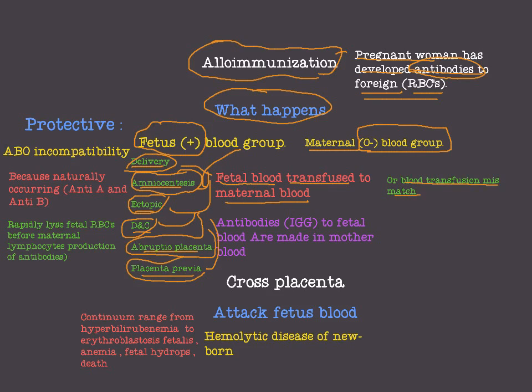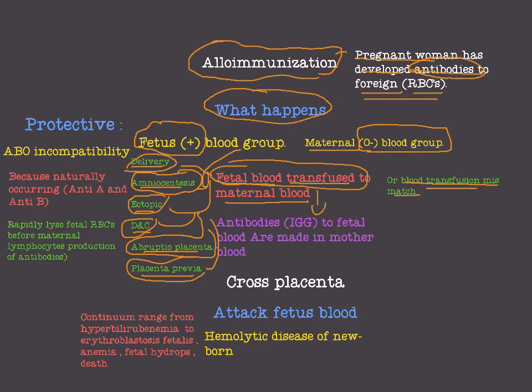So the mother has O negative blood group. If we transfuse any positive blood units to her, we transfuse something positive to a negative. So it is fetal blood transfused to maternal blood.